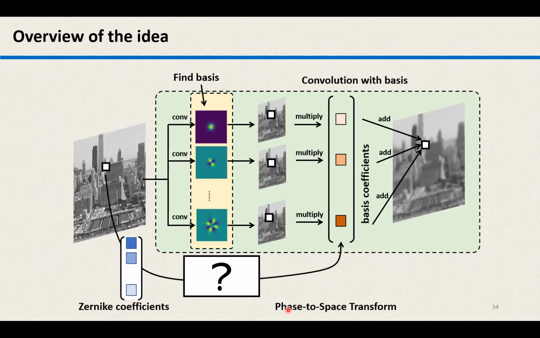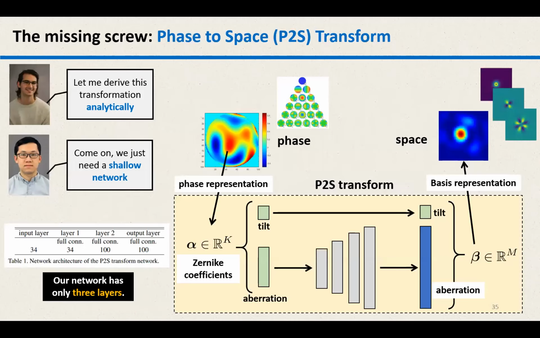So that leads to our second idea, which is the phase to space transform. Apart from this spatially invariant convolution idea, the phase to space transform is our second idea that makes this entire simulator work. So what is it? The input to this phase to space transform is a set of Zernike coefficients.